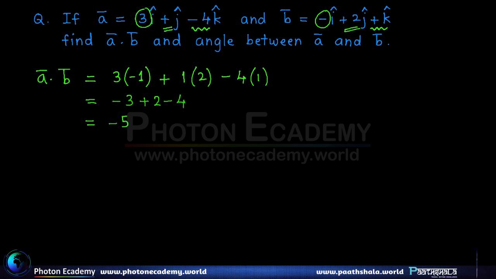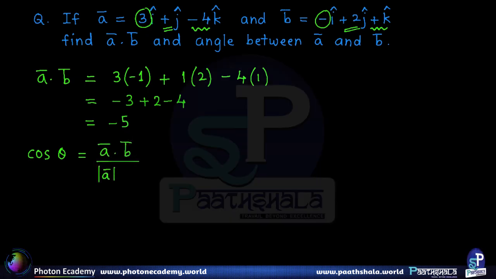Now to get the angle between the two vectors, the formula is a bar dot b bar upon mod a into mod b. We have already got a bar dot b bar as -5. We now have to calculate the magnitudes of a bar and b bar. So let us calculate them and then put them in the formula.